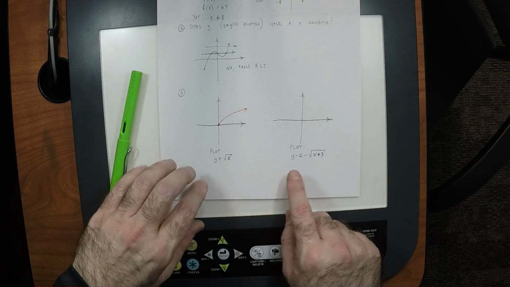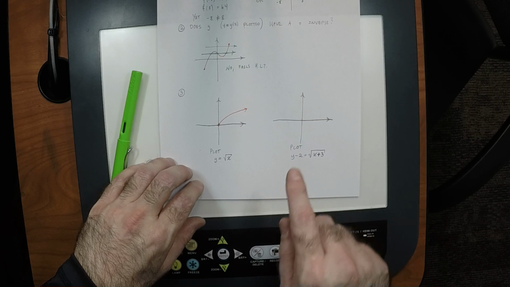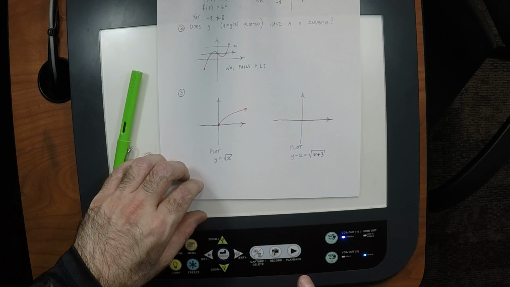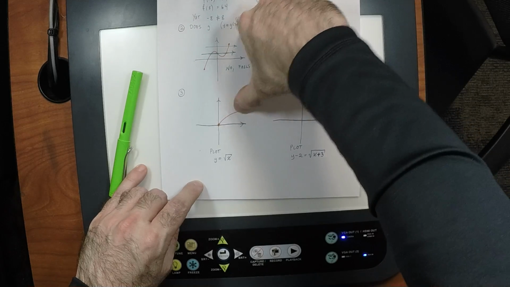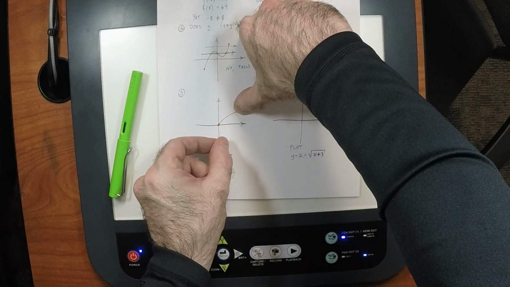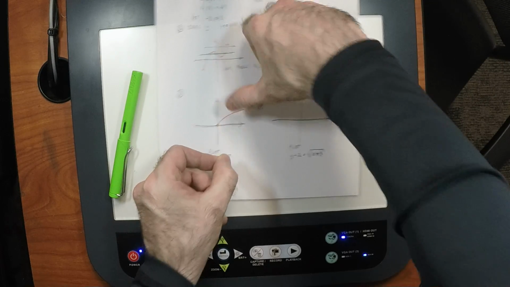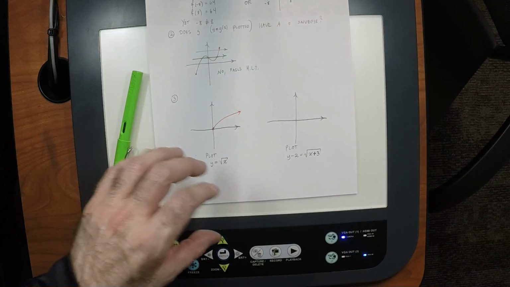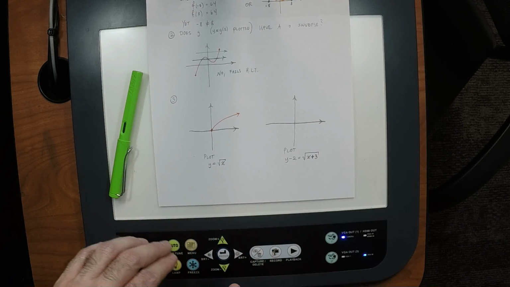So something is going down though. What's happening is that the axis is going down. It is like I hold my thumb on the graph there, and I grab the axis and pull it down. So the axis goes down. Alternatively, something is moving up. What's moving up? The graph. The graph is moving up.